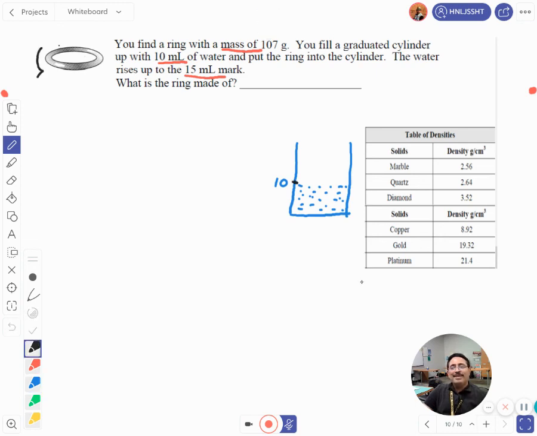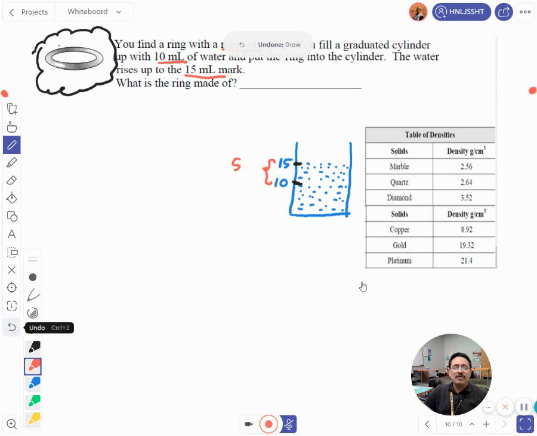Next, when this ring is dropped into this one, the water level is increased from 10 to 15. Therefore, can you guess what quantity of water is increased? The difference of these two we take, therefore, 5 milliliters of water is increased. Very simple calculation.